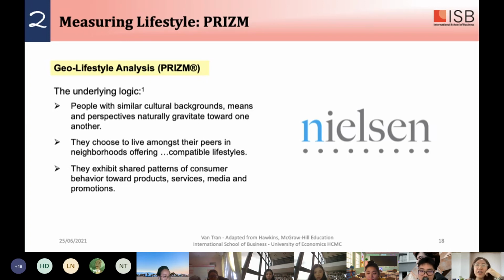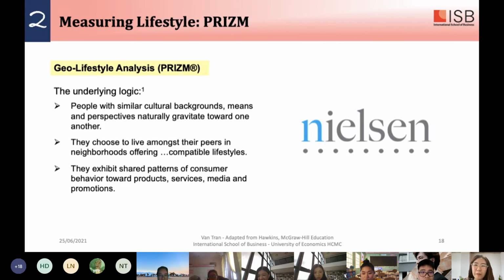The logic is that people living in a similar region or area have a similar cultural background, and therefore they will exhibit certain patterns of behavior. And usually, in consumer behavior, it would be about consumption. So for example, I am from Gò Vấp, right? I live in Gò Vấp.